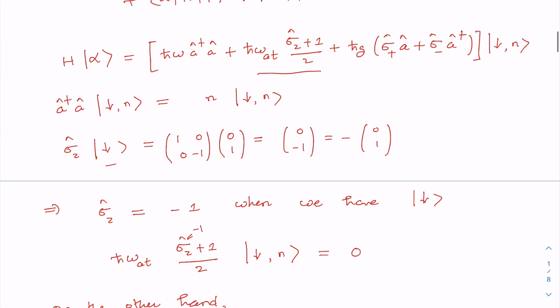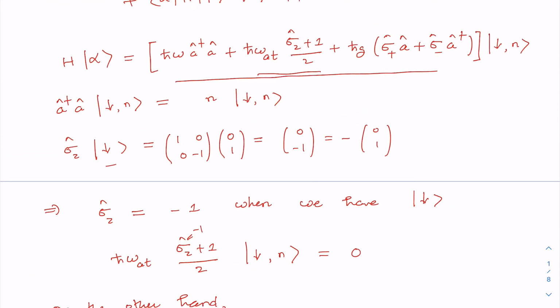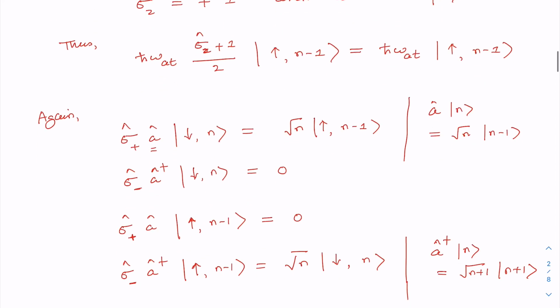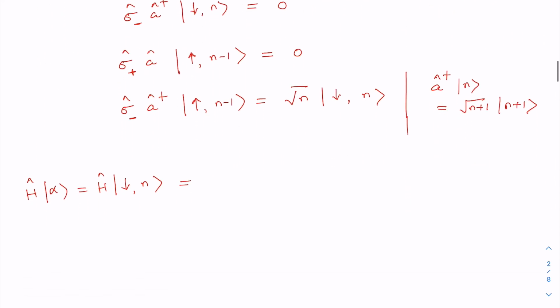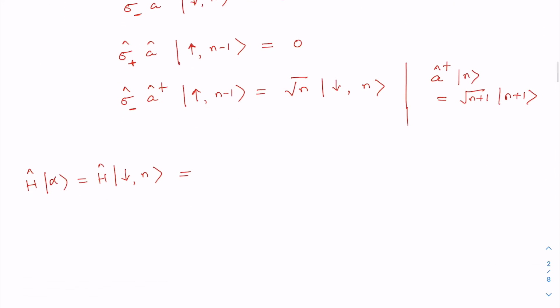We have everything at our disposal, so let me write down the final result. You are going to get ħω n times the down state of the atom and n, and here you will have another term ħg square root of n times the up state of the atom and n minus 1.